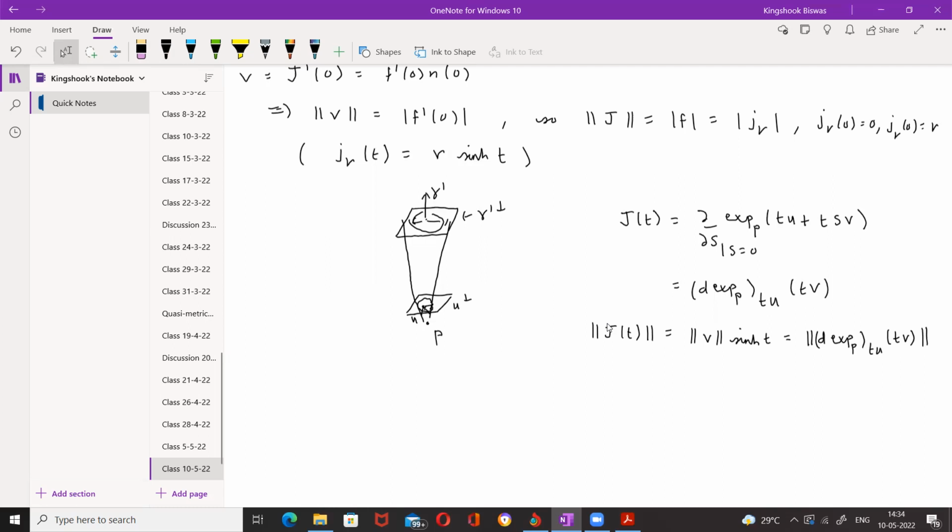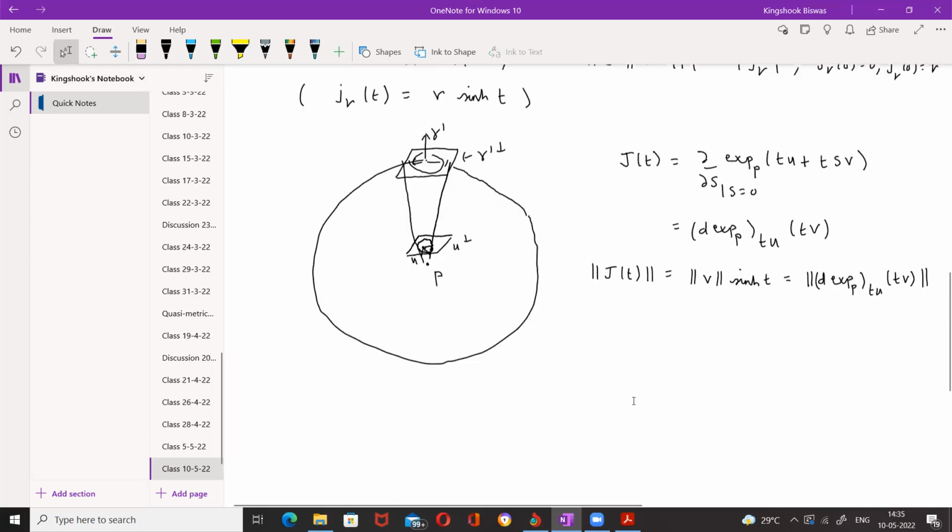And now what I can do is use the exponential map to define polar coordinates on H^n. What are my polar coordinates? Basically, I have a map, let's say phi.